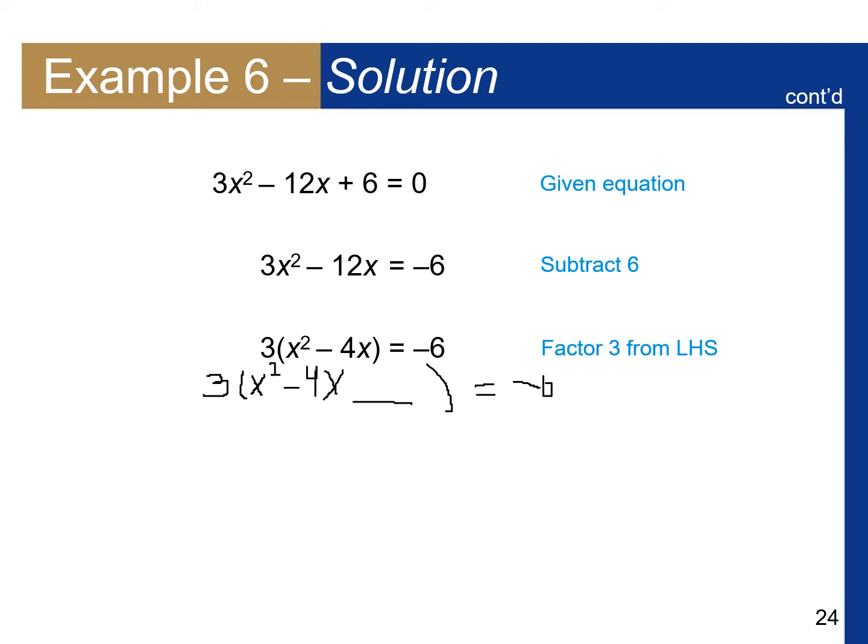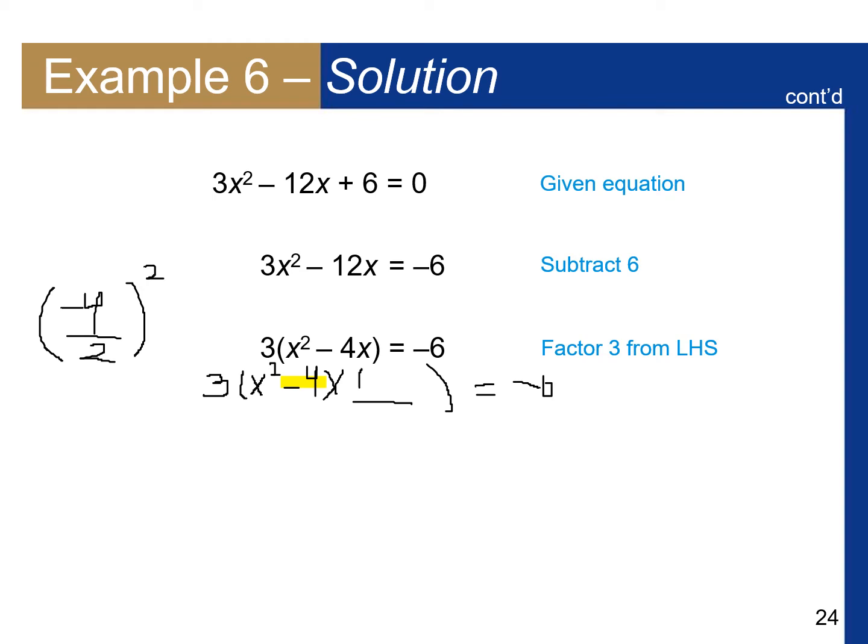So I'm going to divide my -4. Again, you divide this right here by 2. So I now have -4 divided by 2, and then I'm squaring it. So -4 divided by 2 is -2, squared is 4.